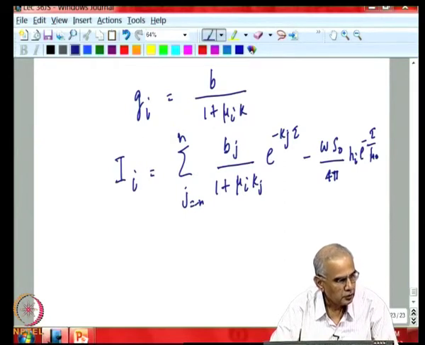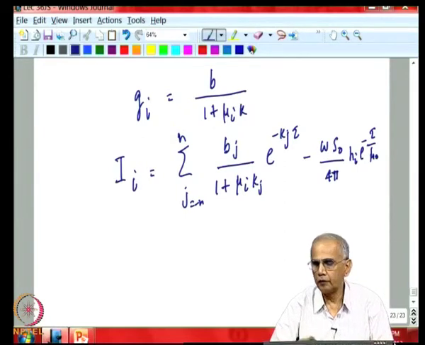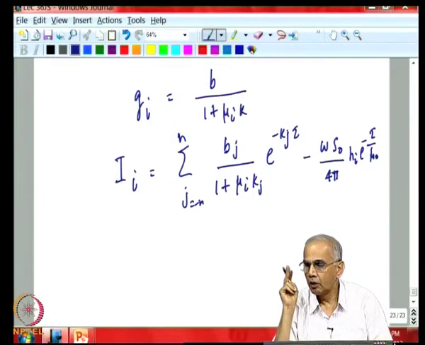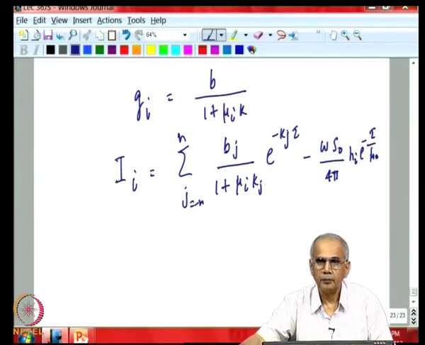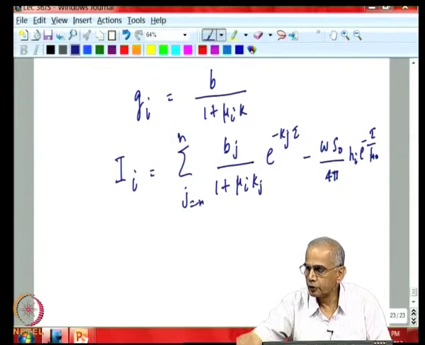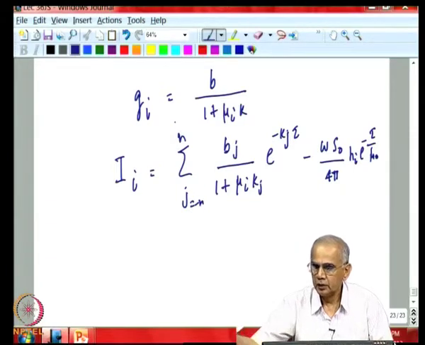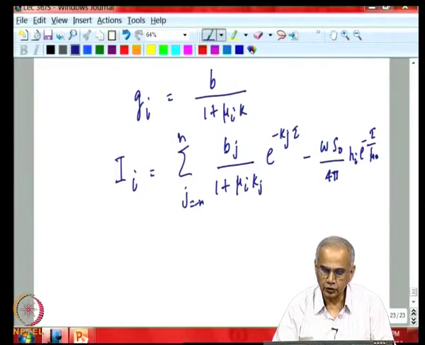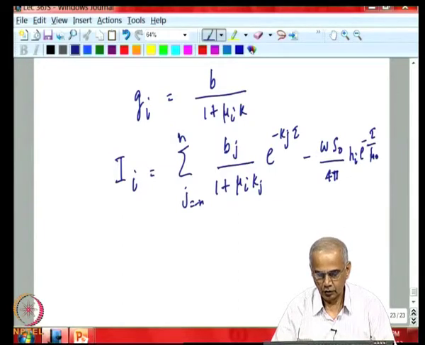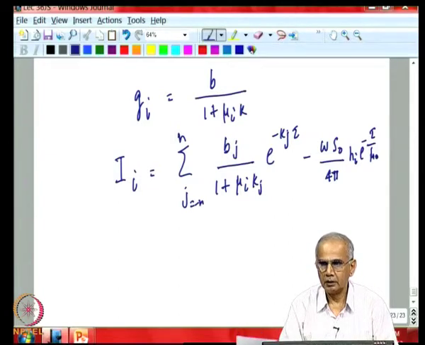Okay. So, this is an example of a method which is really an extension of the method we developed for two-stream approximation. So, two-stream approximation can also be thought of as a discrete ordinate technique, except that the number of ordinates was 2, up and down.